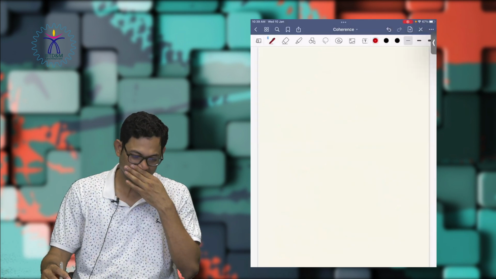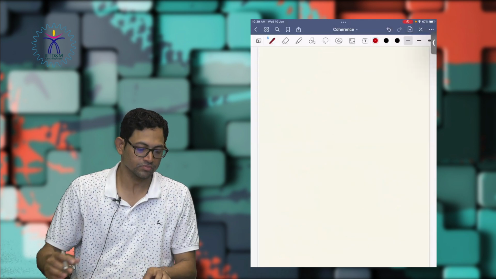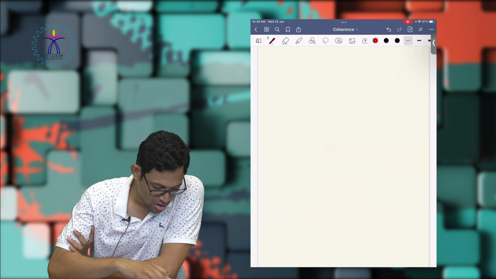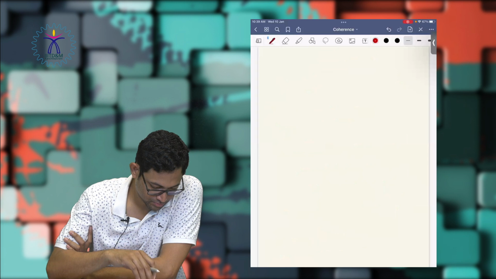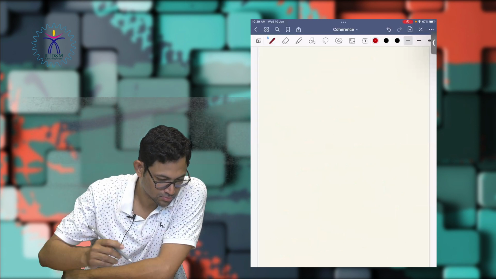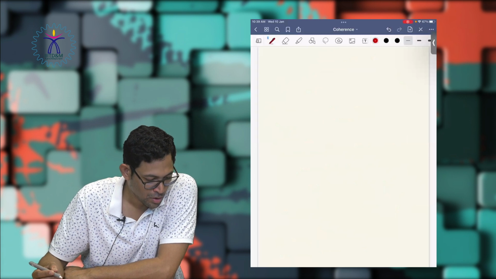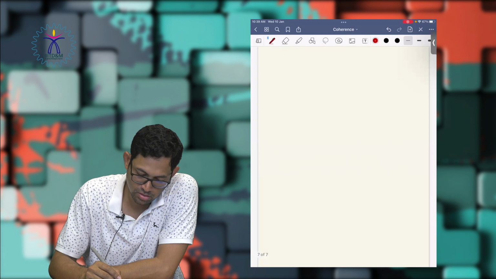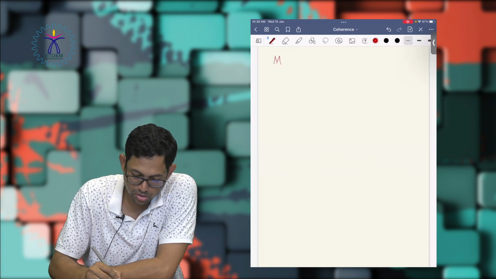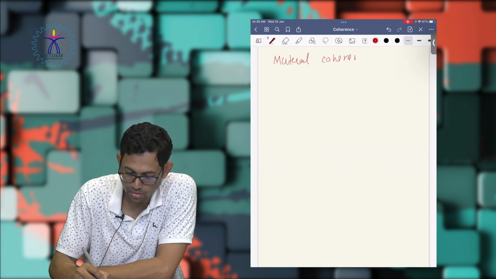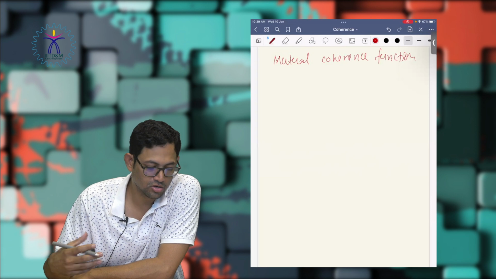Now let us see how we define this correlation. There is something known as the mutual coherence function, which is for two different fields.